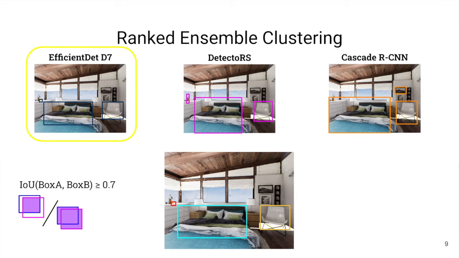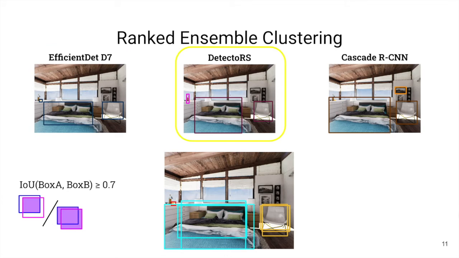In this case, the bed and chair detections from both Detector RS and Cascade RCNN could be clustered. Notice that we still keep the red bounding box, which is detecting an orange in the background of the image that was detected by EfficientDet D7, even though no other detectors detected that object.